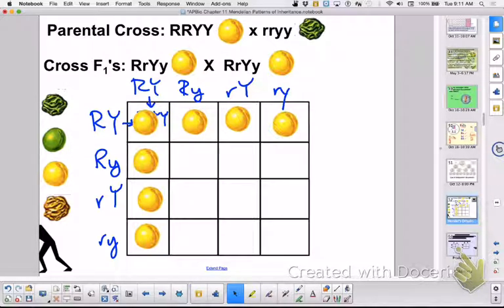Now, think about this one. What's this one going to be? Round and green. What's this one going to be? Round and yellow. What's this one going to be? Round and green. Okay. Now, what's this one going to be? Round and green. What's this one going to be?